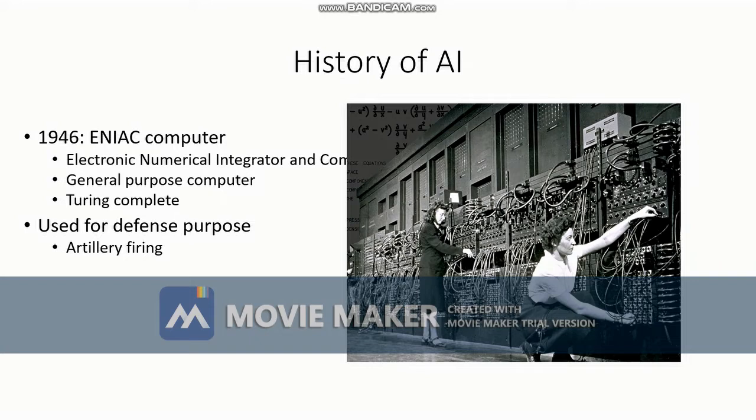The same job was done by ENIAC in just 30 seconds. Nowadays we don't even hear the name of human computers, but at that time there was a job for that. So this ENIAC was used for artillery firing, and this marks the dawn of the computing era.